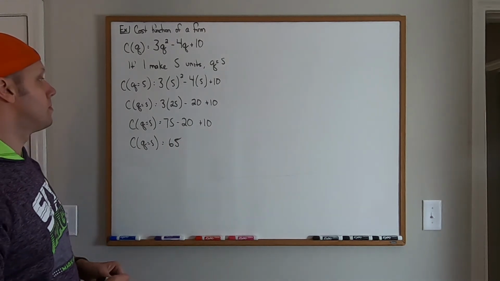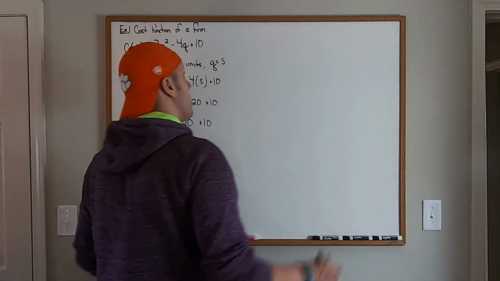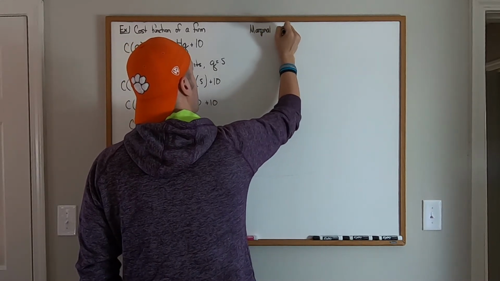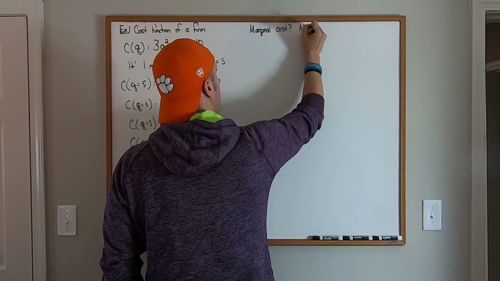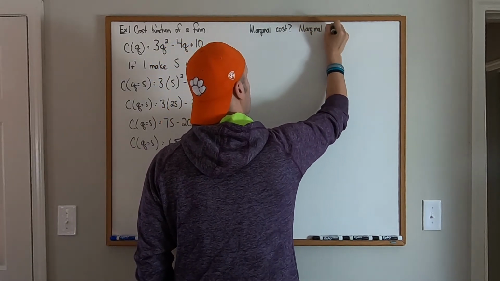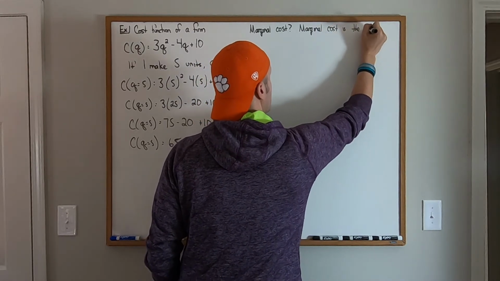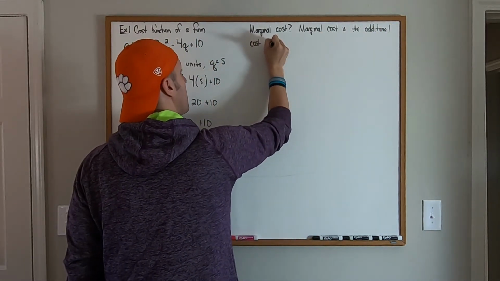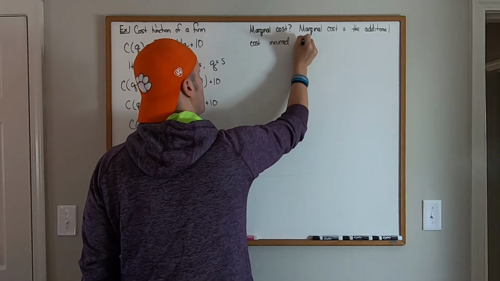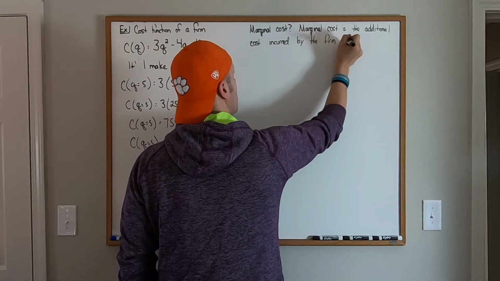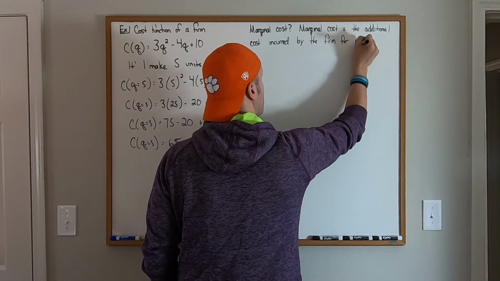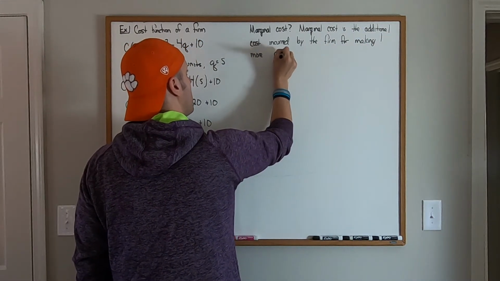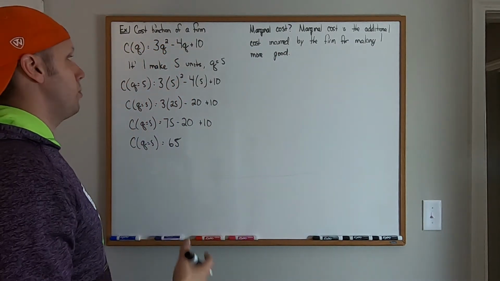What about the marginal cost? Well, the marginal cost is going to be the additional cost incurred by the firm for making one more good, one more product, one more unit of output.